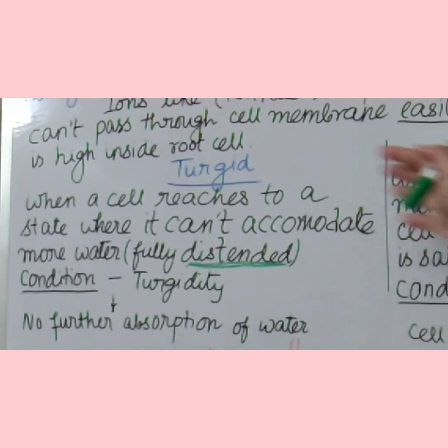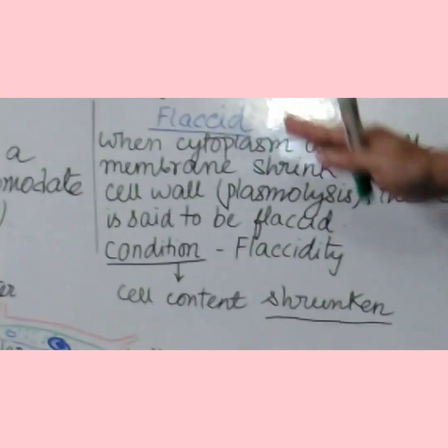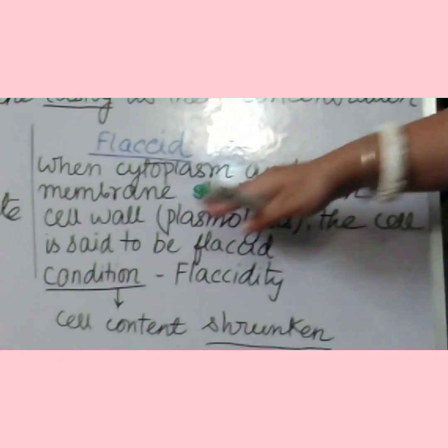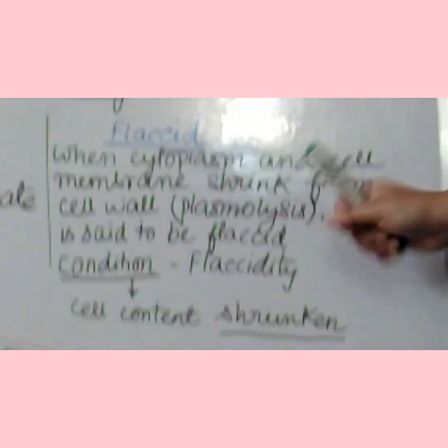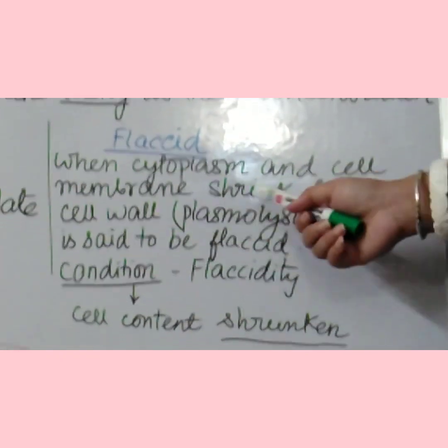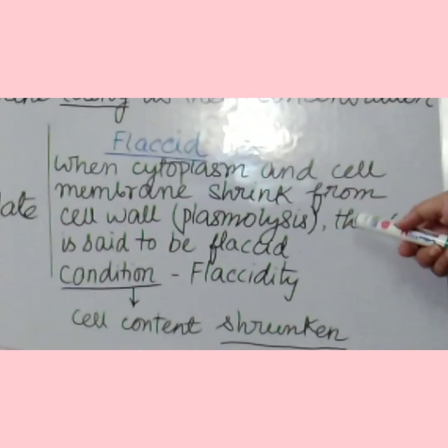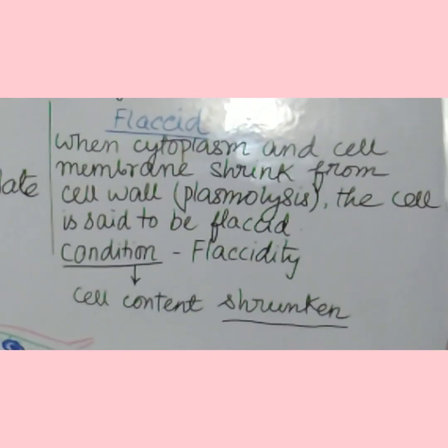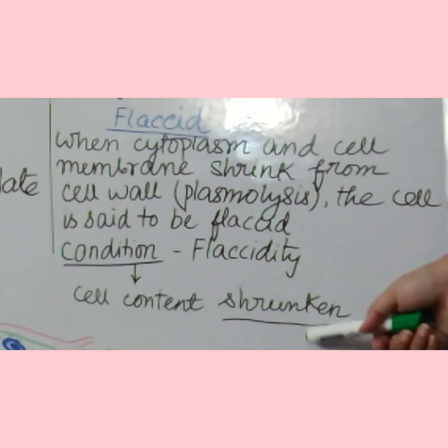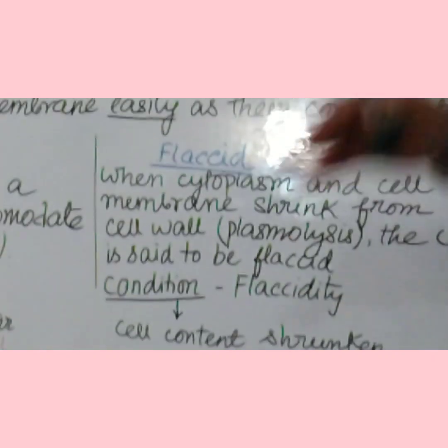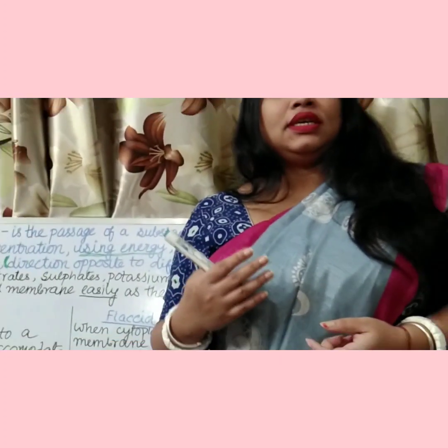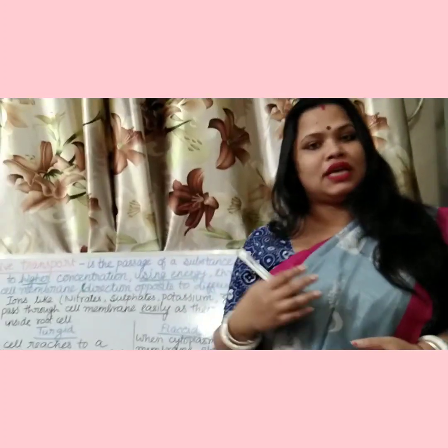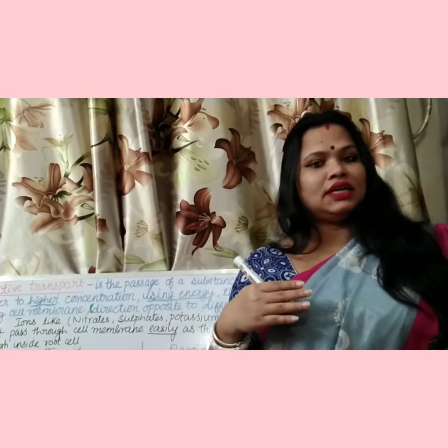Now flaccid. When the cytoplasm and the cell membrane shrink from the cell wall, means plasmolysis, the cell is said to be flaccid. That condition is called flaccidity. The cell content is shrunken. So the turgid condition is just the opposite of the flaccid condition.